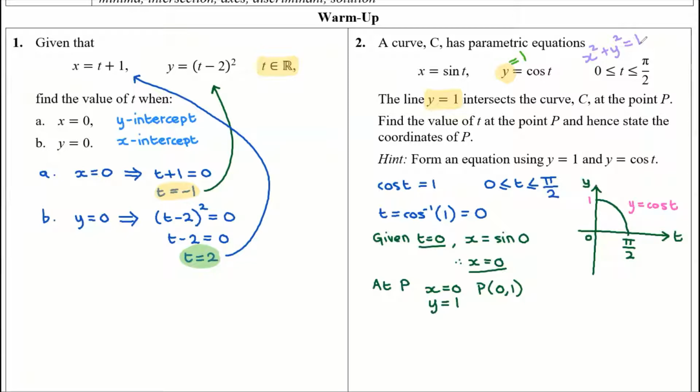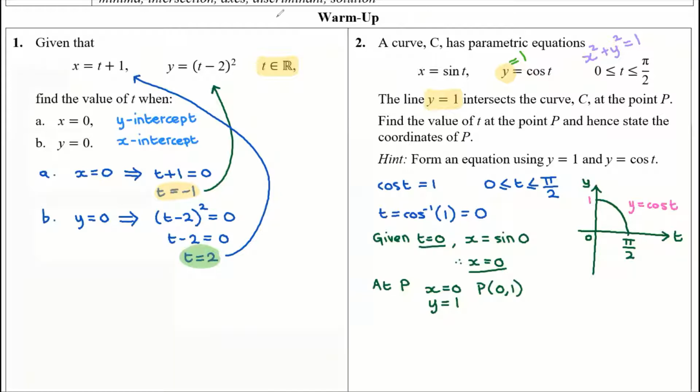So that would give you a quarter of the circle, essentially the same quarter as on this graph here, just the first quadrant. Now, if that intersects with the line y equals 1, that would be at the point (0, 1).